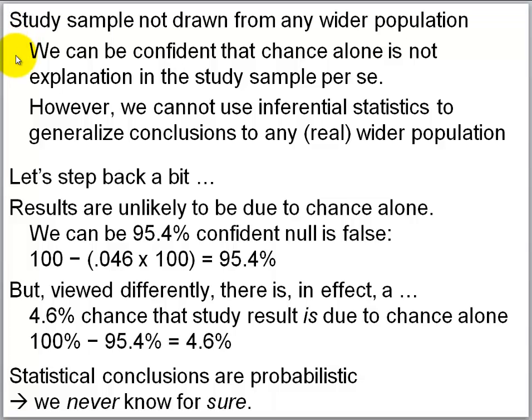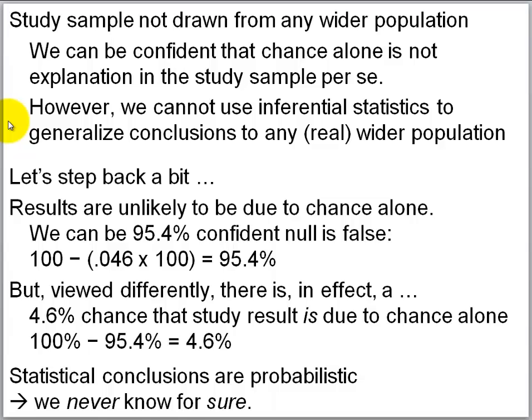I mean, we can indeed be confident that our result is not due to chance, and indeed we do know that it's due to some real thing connected with the intervention. But what we can't do is use inferential statistics to generalize our conclusions to any wider population, so that we know that for the 100 people in this study, the intervention made a difference.